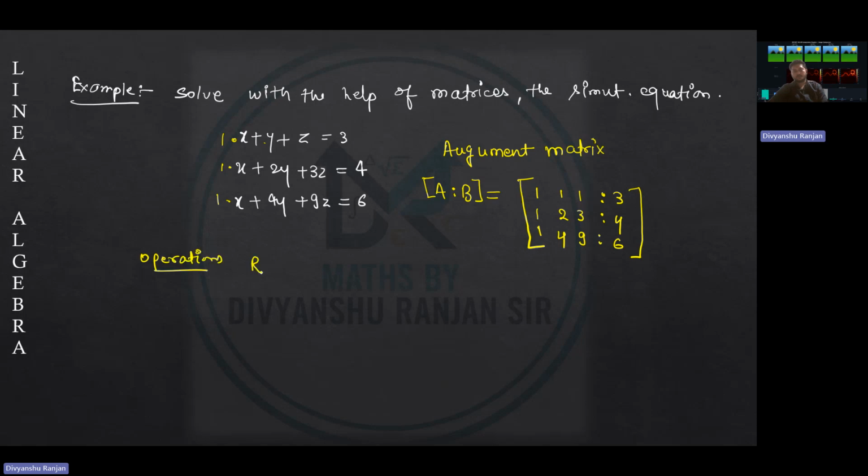So here the operations for this are, for R21 take minus 1, and for R31 take minus 1. Okay, so the whole thing becomes 1 1 1, then 0 1 2, and here 0 3 8. Here the augmented part is 3, then 1, and lastly 3.